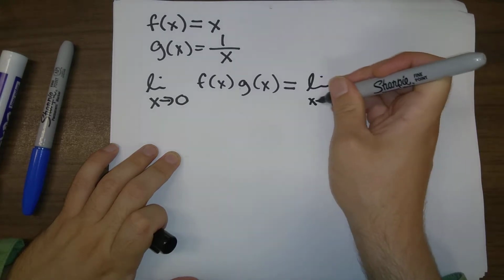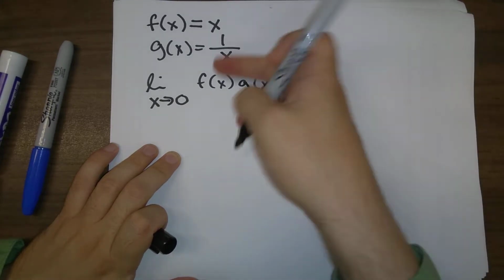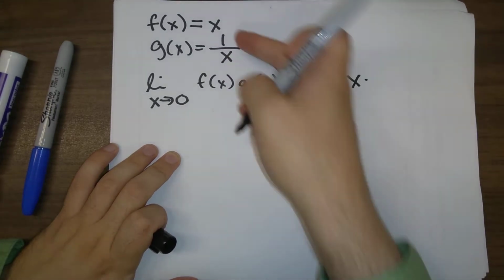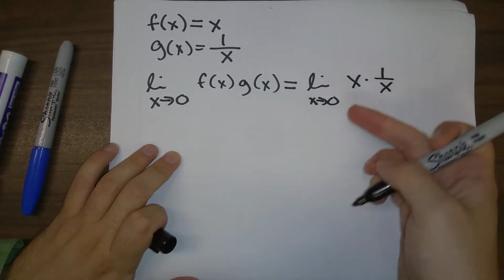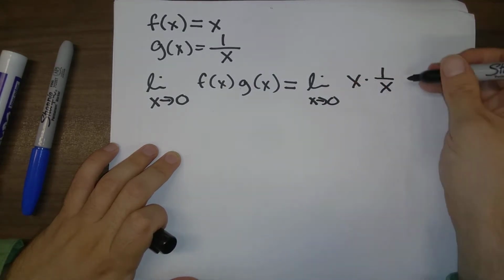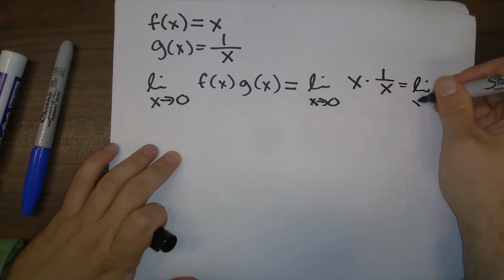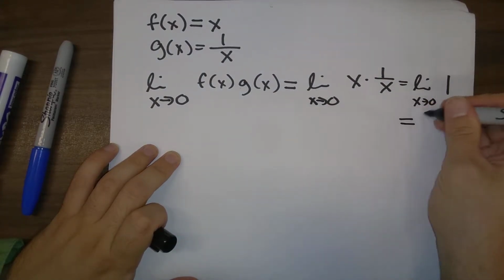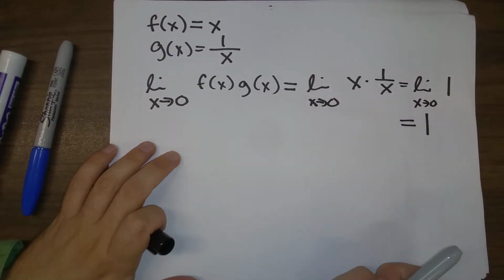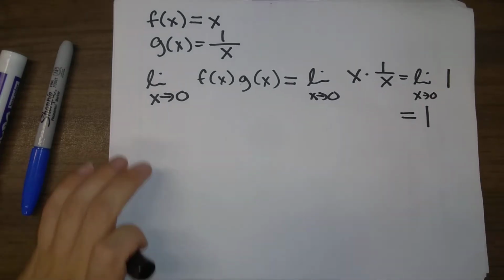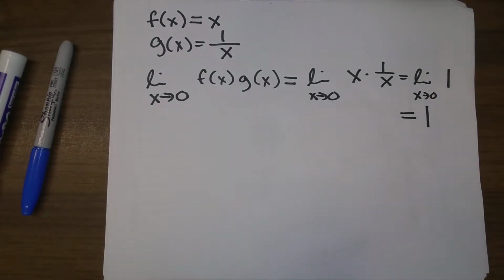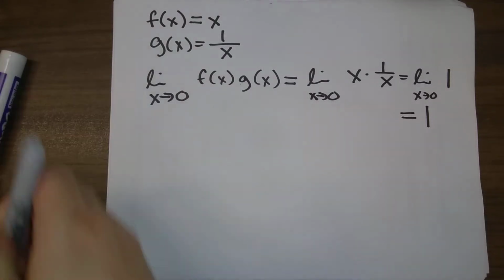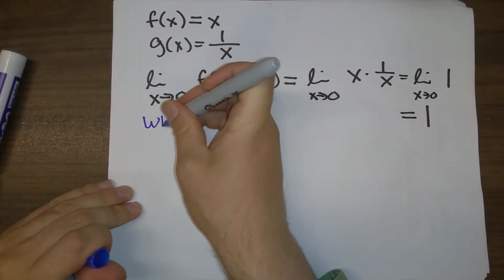So we would get the limit as x goes to 0. f of x is x, g of x is 1 over x, so x times 1 over x is going to be 1. And so we see that this limit is equal to 1, and that's true, and everything there is okay. But what happens if we attempt to apply the product rule?